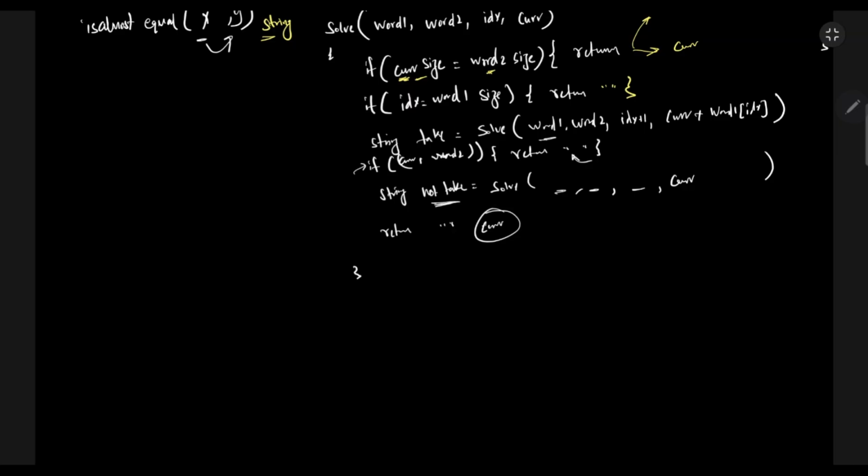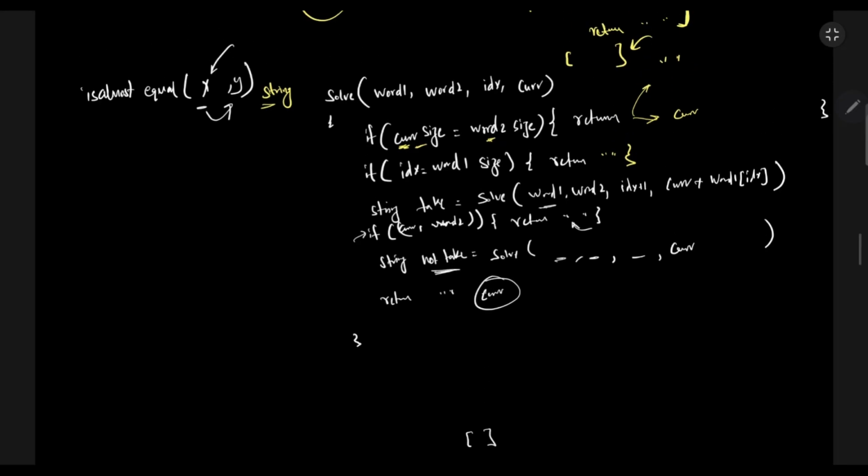Now, since they are asking us to find the indices, what we will do is that we will take an empty array and we will pass it by reference in the solve function. If we are taking that one, what we will do is array dot pushback of index since we are taking that one.